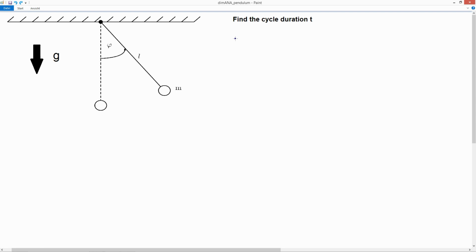The first thing we have to do is to think about all the physical quantities that could affect the duration t. So t, in our example, could be some function of the mass m, the length of the rope L, and the gravitational constant g.